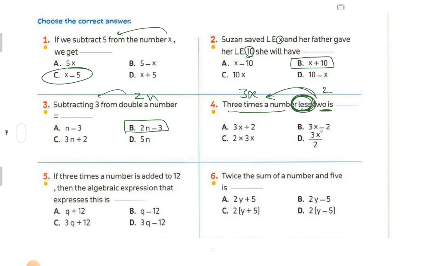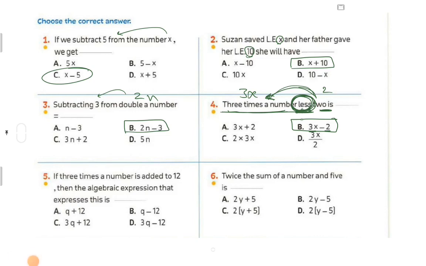3x minus 2. Here he wrote less 2; less 2 means decreased. But if he said less than, it would be 2 minus 3x. But here he said 3 times a number less 2, so this is the right one.